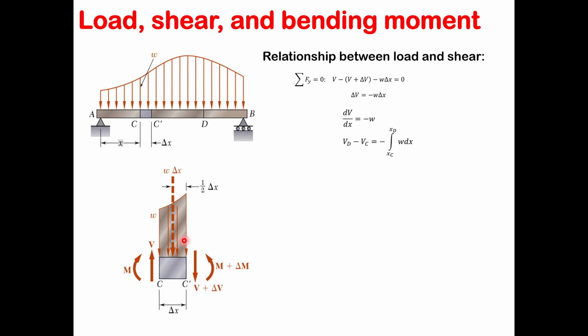And we can always make this distance delta X smaller and smaller and transform it to a dx, which means that you're going to have a derivative.